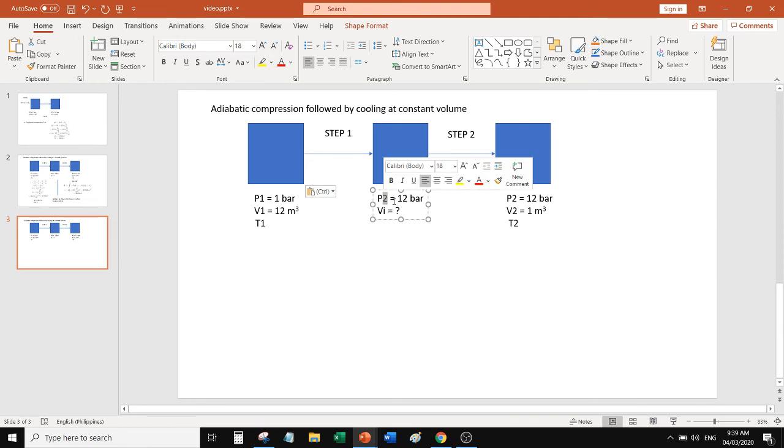Adiabatic compression followed by cooling at constant volume. So we know that the intermediate volume is 1 meter cube because cooling at step 2 is constant volume. So these two should be equal. But we don't know the intermediate pressure. So let's put an intermediate pressure here. Okay. So 1 minute break.